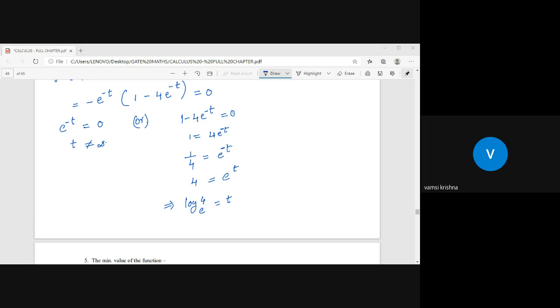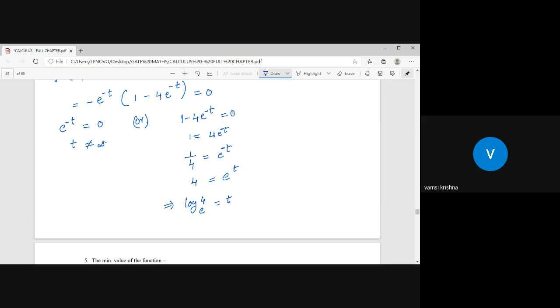So the maximum value of the function occurs at t equals what they have given.